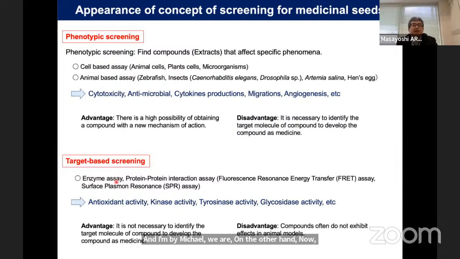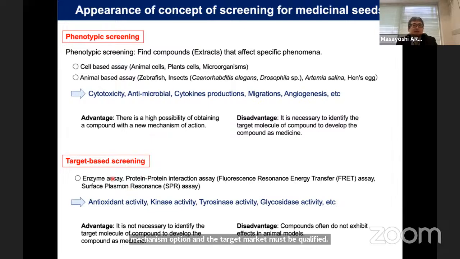And each has its advantages and disadvantages. Specifically, phenotypic screening is likely to discover active natural products with novel mechanisms of action. But to develop a compound as a drug, its mechanism of action and target molecule must be clarified.